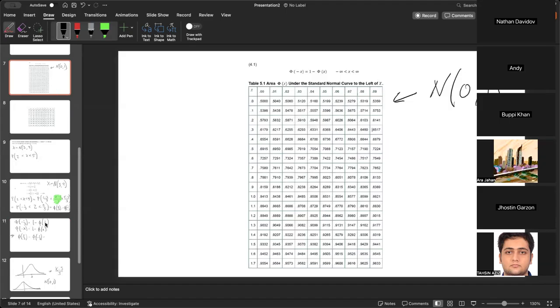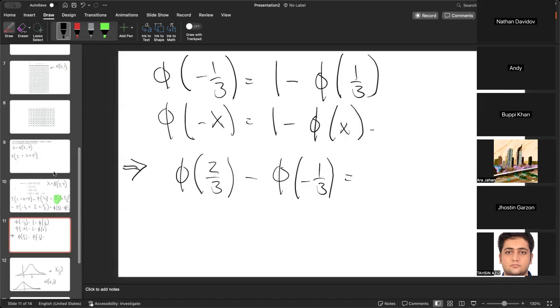Yeah. Why are the numbers not turning out correct? Oh, no, they are. Minus phi of 1/3. Does everybody understand this step? How I went from this to this?